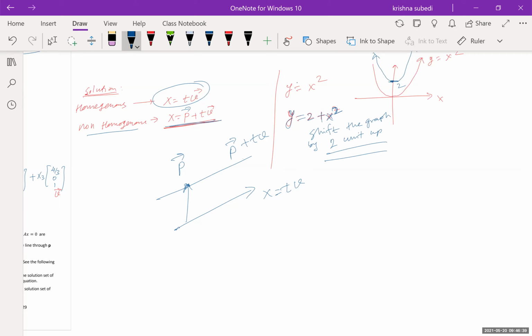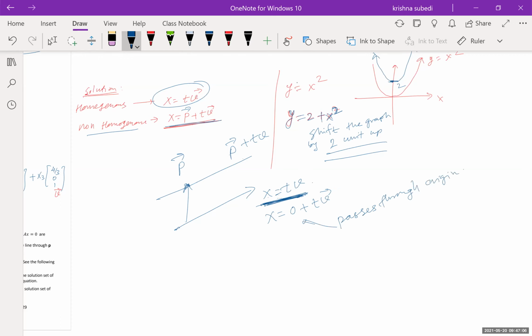One very important thing: when you have a solution x equals tV in that form, this is the equation of a line which passes through the origin, because x equals tV means I can write 0 plus tV. So that means it passes through the origin.